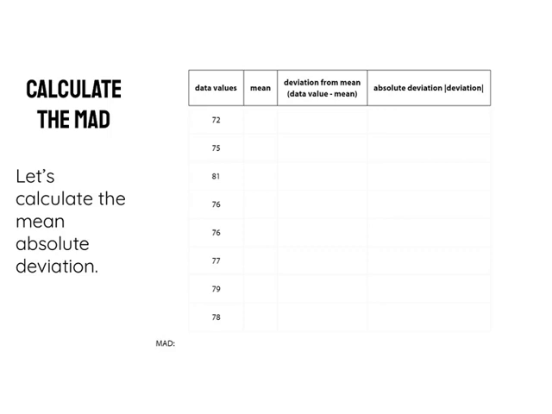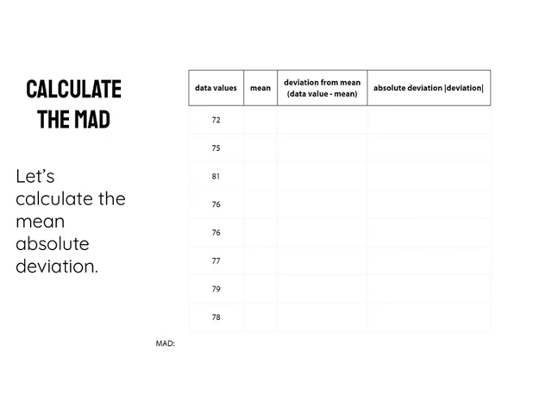So we have our data values, 72, 75, 81, 76, 76, 77, 79, and 78. The first step is to find the mean of that data set. Remember, the mean is when you add all the numbers up. So we're going to do 72 plus 75 plus 81 plus 76 plus 76 plus 77 plus 79 plus 78.